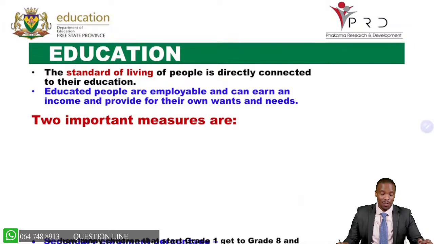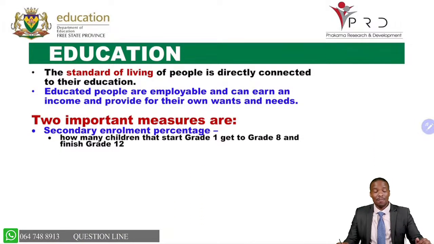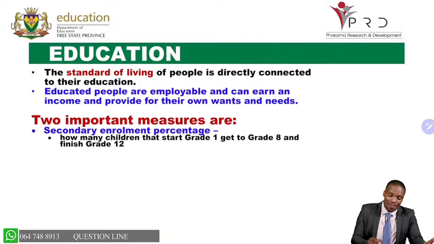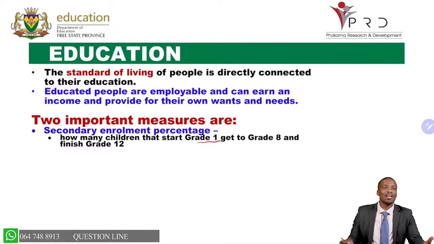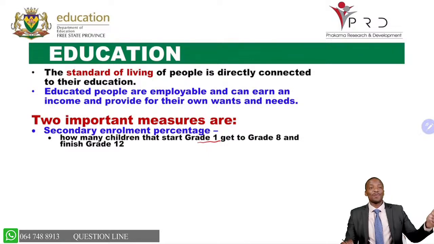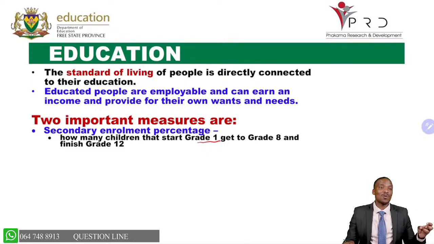Under education, there are two important aspects that we look at. I mentioned we look at the secondary enrollment percentage. That means how many learners started grade 1. Each and every province will tell you the stats on the number of learners that started grade 1.